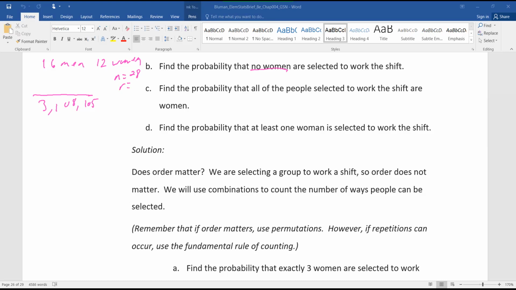Oh, I got that backwards. So this is 16 women and then 12 men.